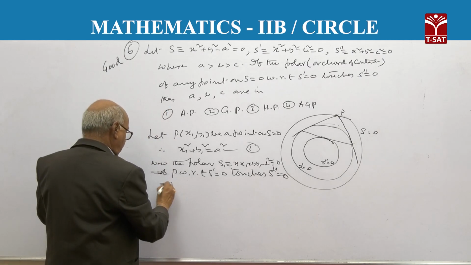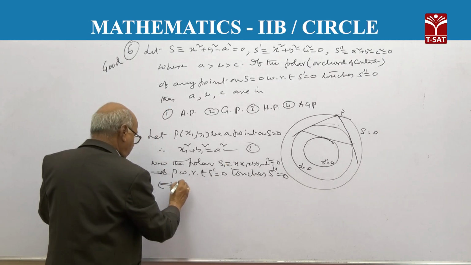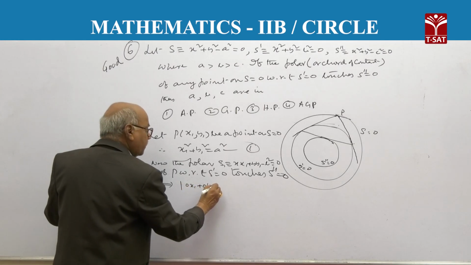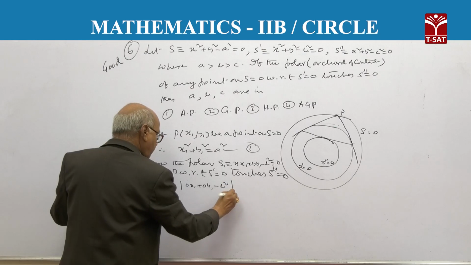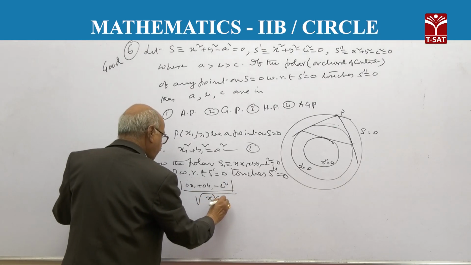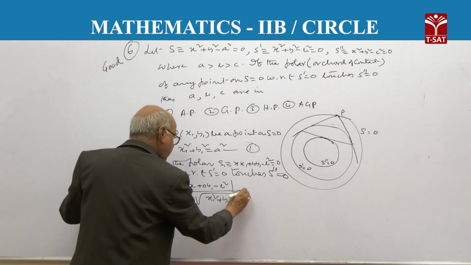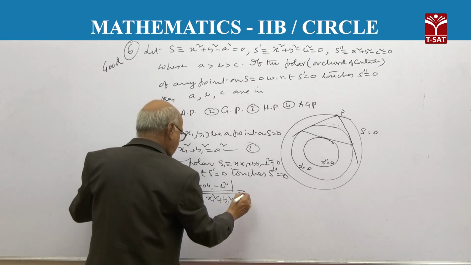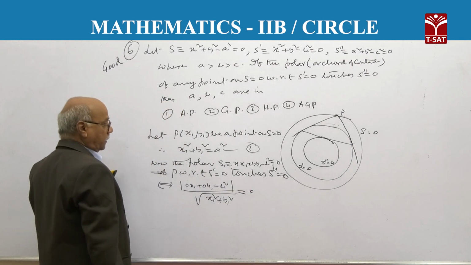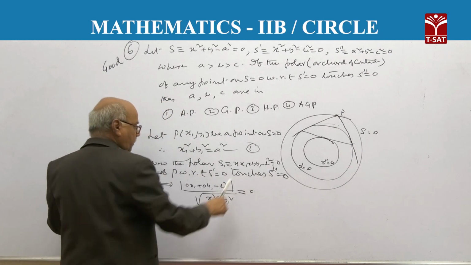That is if and only if 0 into x1 plus 0 into y1 minus b square, divided by the square root of x1 square plus y1 square, must be equal to the radius. Radius means c, the radius of the circle S double dash equal to 0.